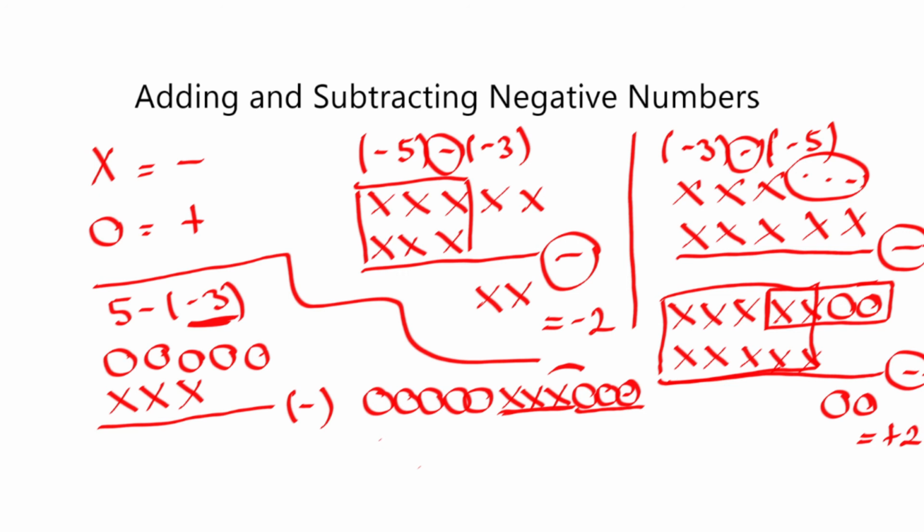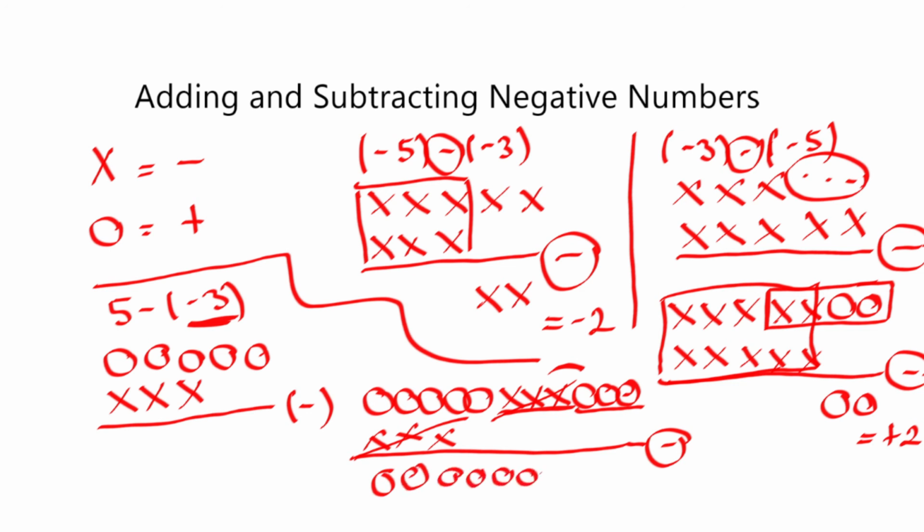And this is another way of representing positive 5. And now we have minus 3. 1, 2, 3. And the relationship between them is a minus. Okay, we know that those here will go with those here because it's a minus, and the only thing that remains is 8 positive counters. 5, 6, 7, 8. So our answer is going to be plus 8.